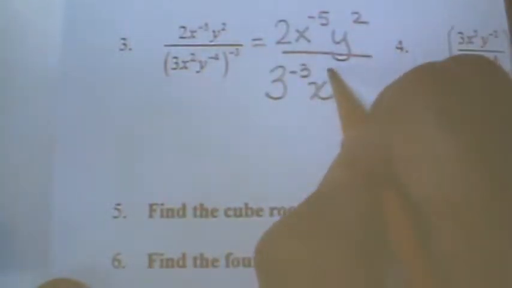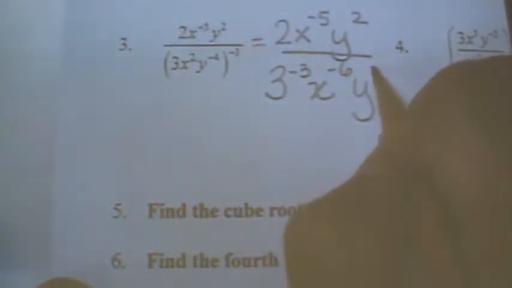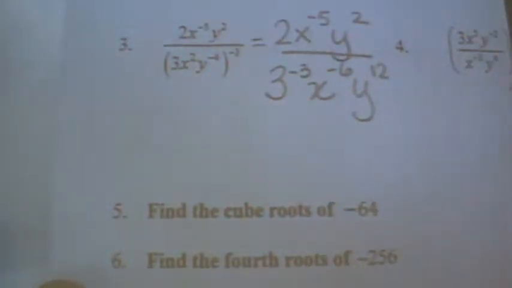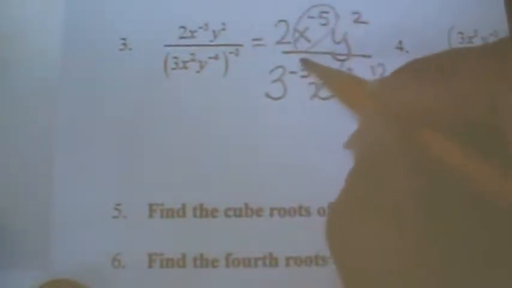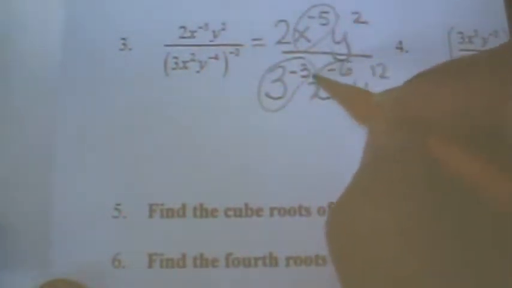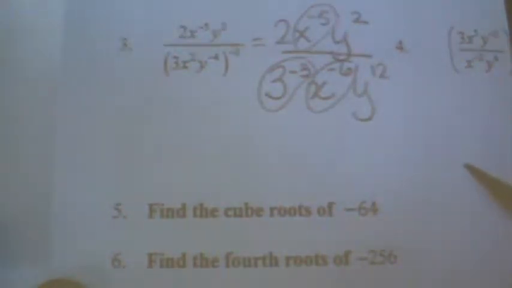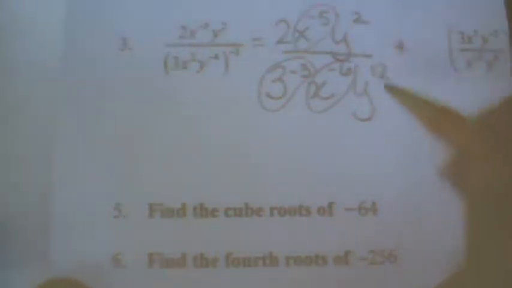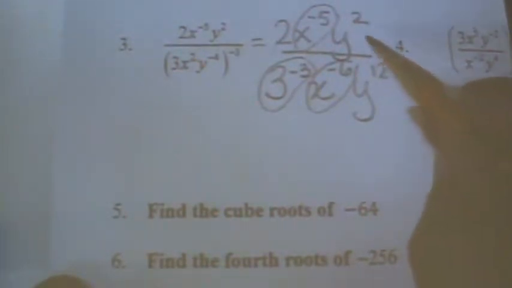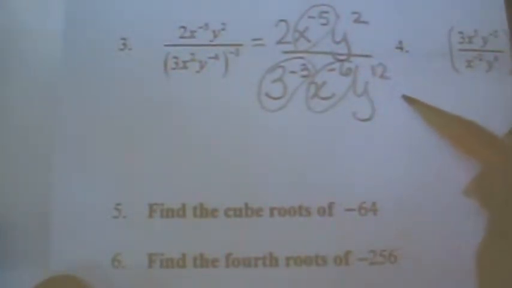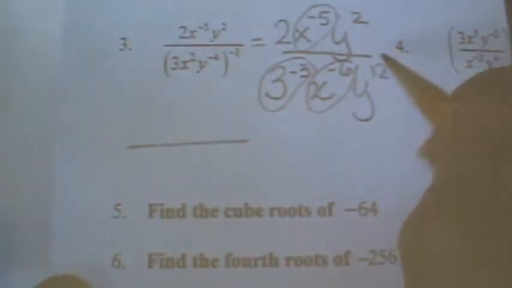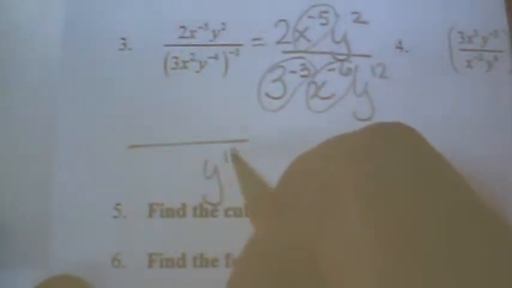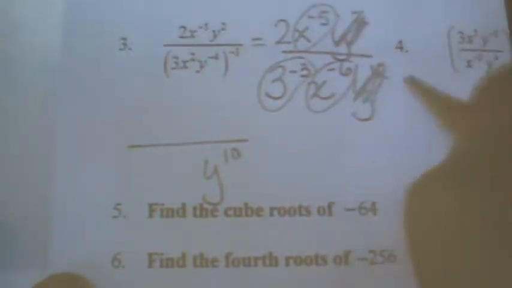So you have x to the negative 6th and y to the 12th. Now, you do not want a negative exponent. So this and this all have to switch. But what can we do with these y's? Let's get rid of them. What do you do with y squared and y to the 12th? Where? Yes, on the bottom. Yep, so we're good with those.